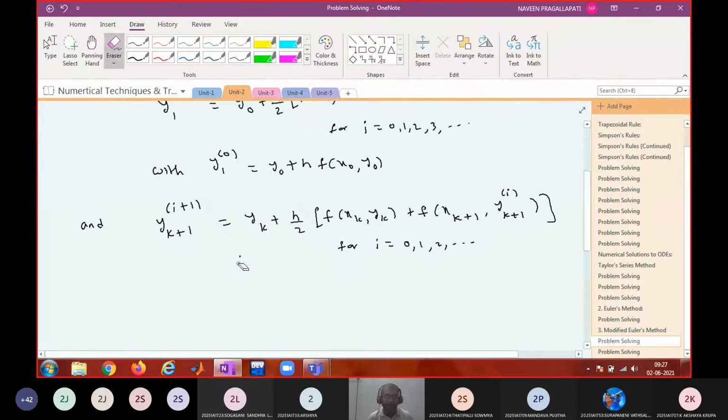where yk plus 1 power 0 is equal to yk plus h into f of xk comma yk. That's it. The present value we are writing in terms of the previous value.